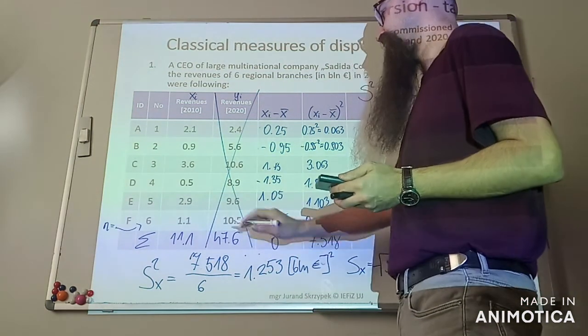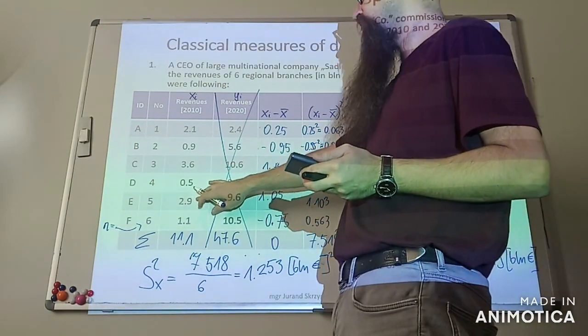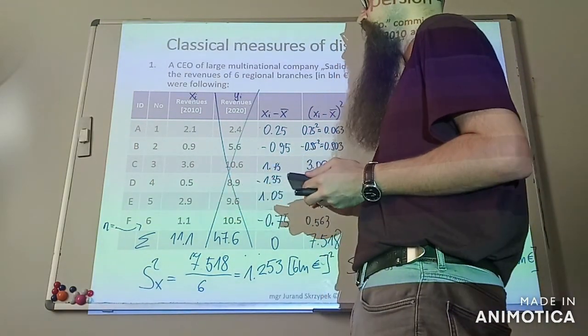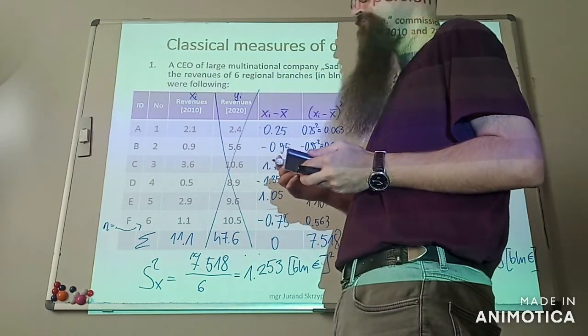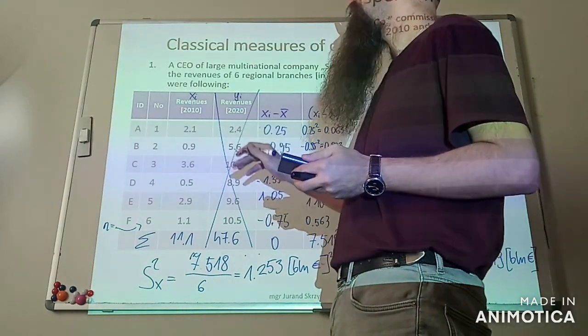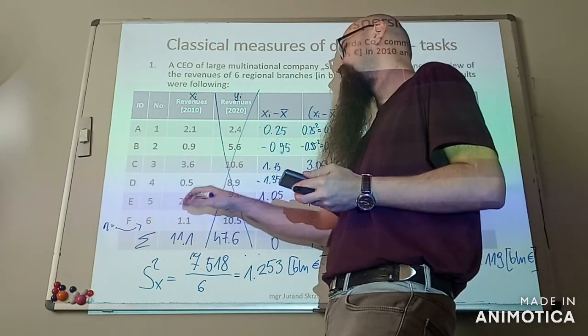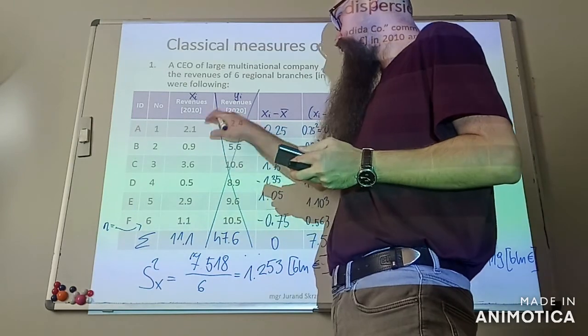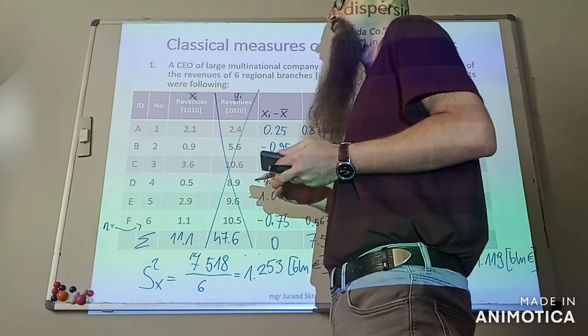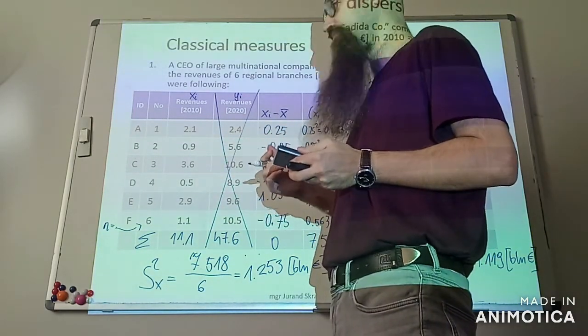We know that the mean revenues in 2010 was about 1.85, yeah, and we have different deviations between the values of the revenues and our mean, yeah.